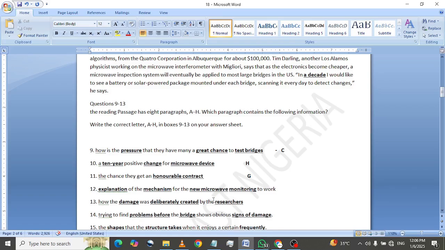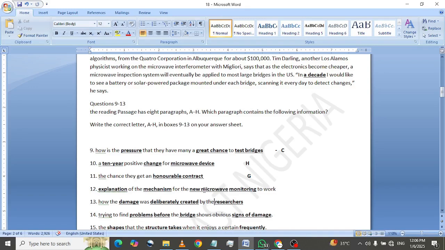Number 12 says: explanation of the mechanism for the new microwave monitoring. You can see now that the keyword here is explanation. We are not going to see that word for word, but they are going to give us some detailed view about the mechanism that is applied to the new microwave monitoring to work.